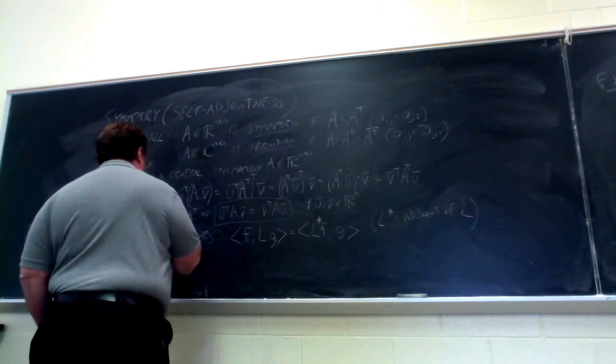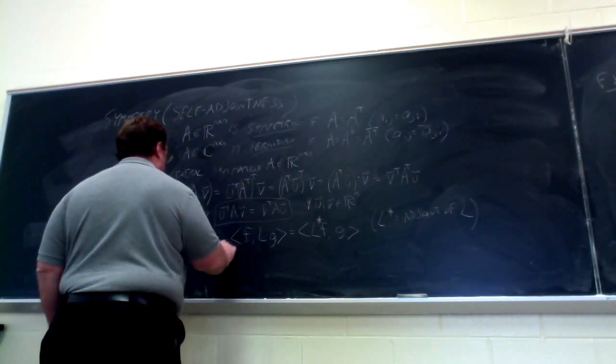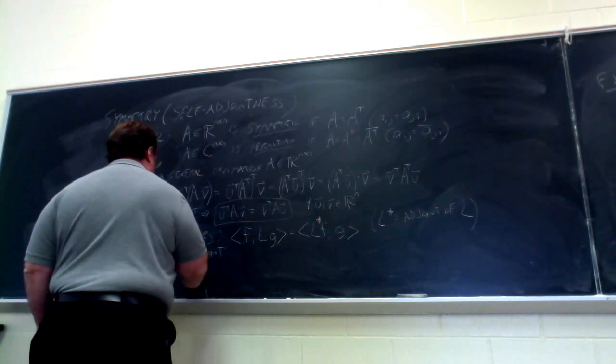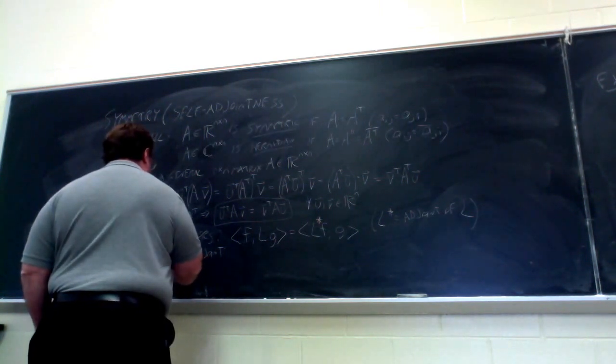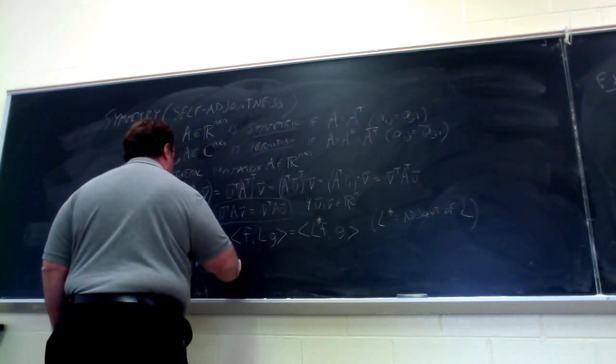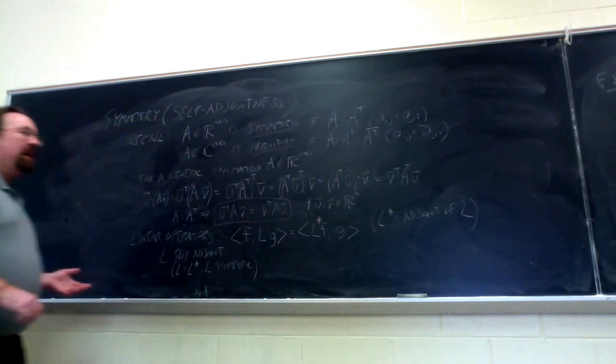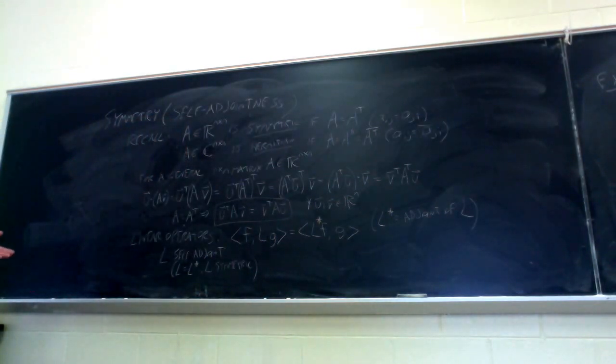So if L is self-adjoint, in other words, L is equal to its own adjoint, the terminology that the book uses is it says that L is symmetric. And it makes sense why we would use the terminology, because this is an analog of a matrix being symmetric. So self-adjoint operators are like symmetric matrices.